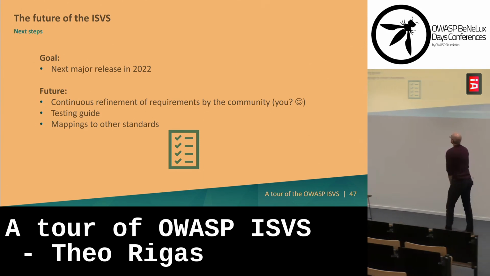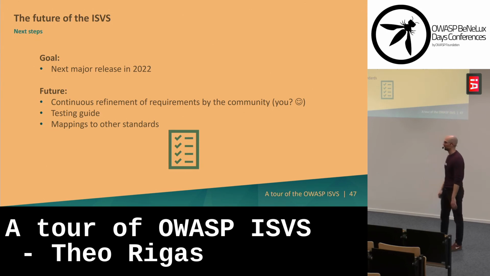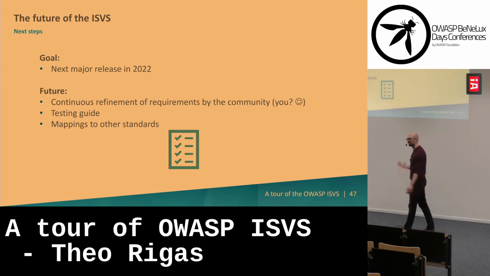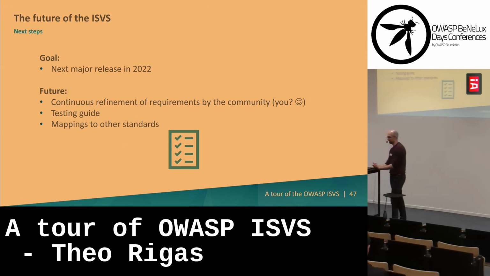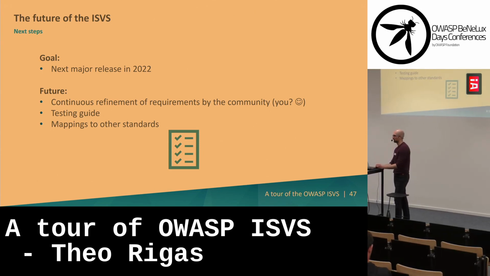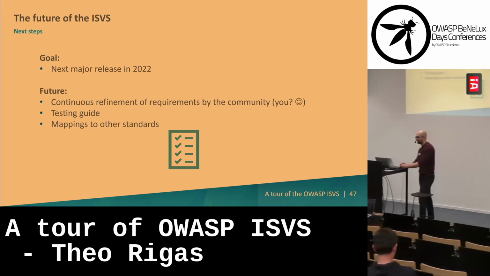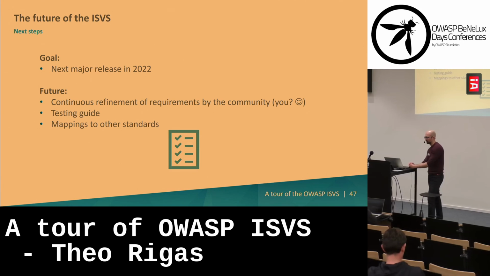And then how does the future look? Well, hopefully the requirements will continue to be refined by the community, because this is a community project. Hopefully by you guys, if you're interested. Hopefully there's going to be a testing guide that will go side by side with the ISVS and will help new testers getting into IoT pen testing, to have one place where how to test every requirement is explained, and then mappings with other standards.